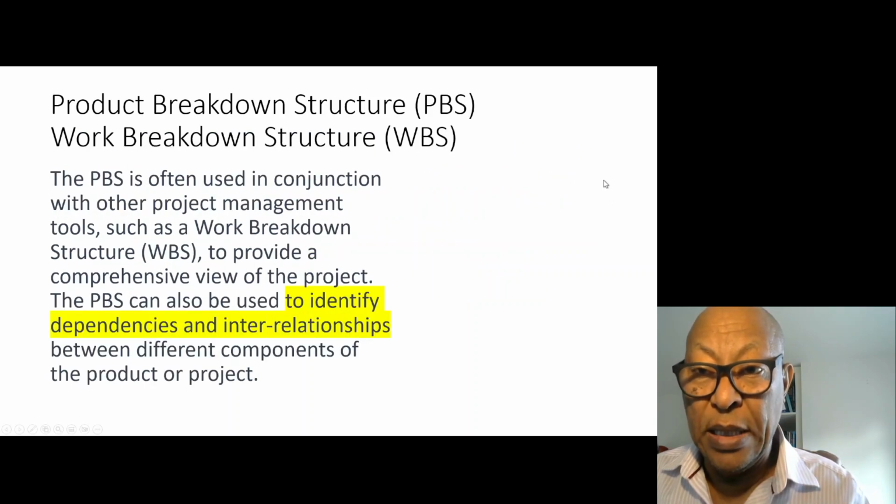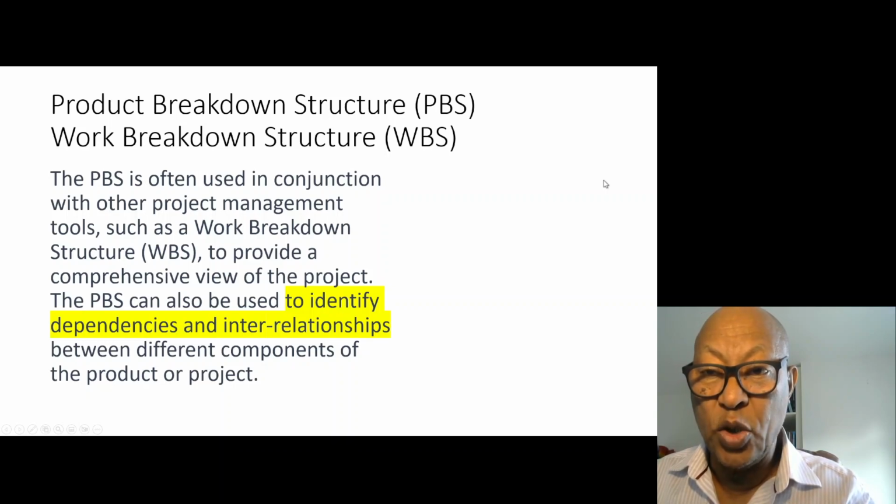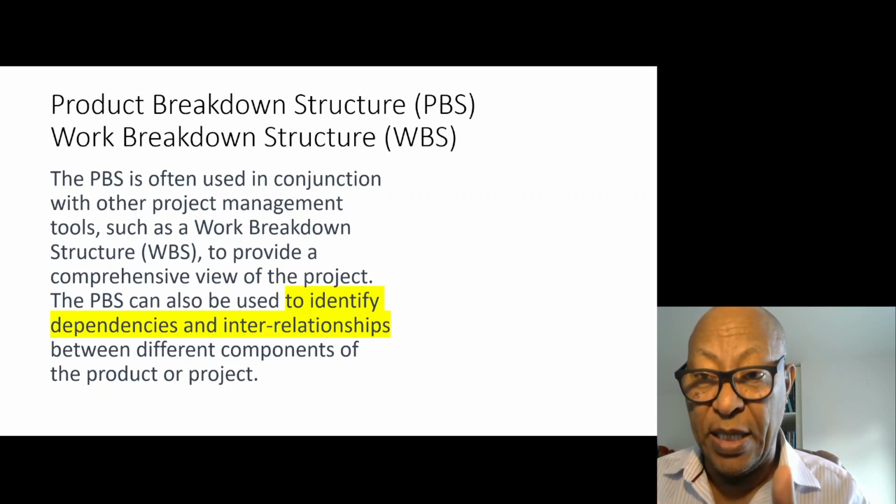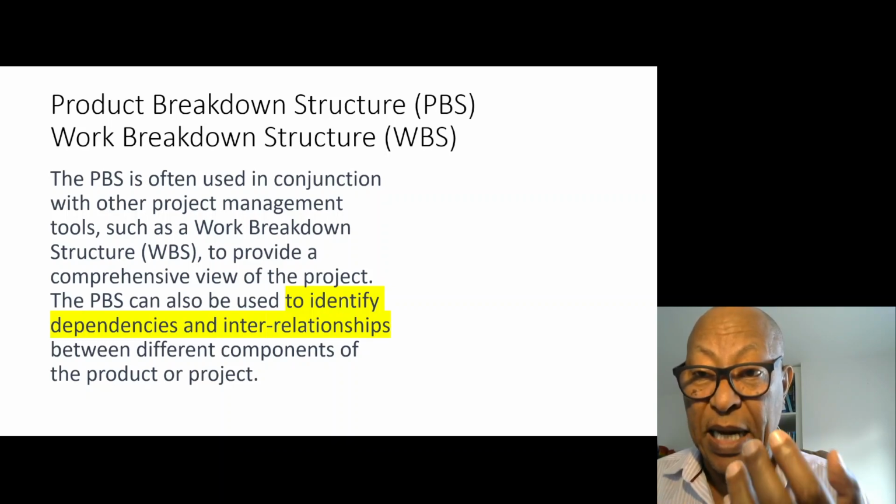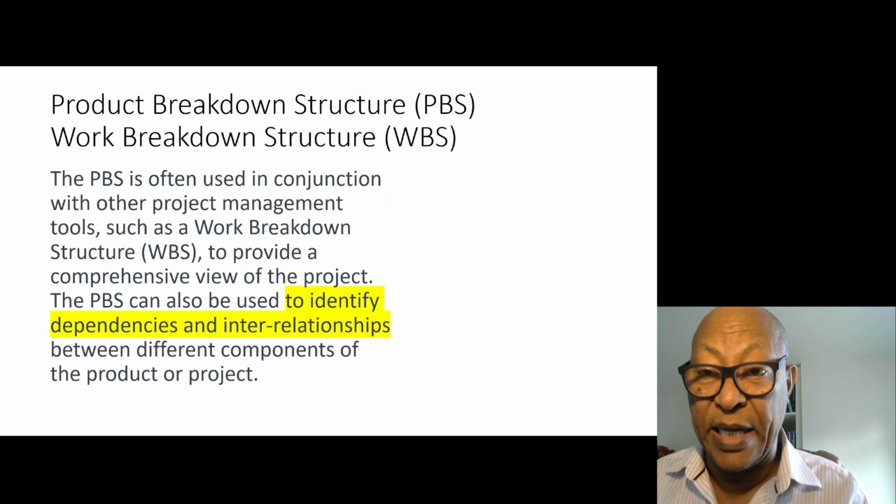Furthermore, the PBS is often used in conjunction with other project management tools such as the work breakdown structure, as we're going to discuss. Once we define the PBS, the product breakdown structure gives us the smallest elements. Those smallest elements will be encompassed as part of the work breakdown structure.